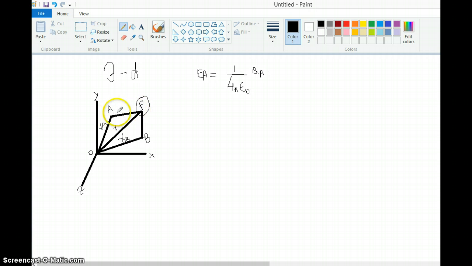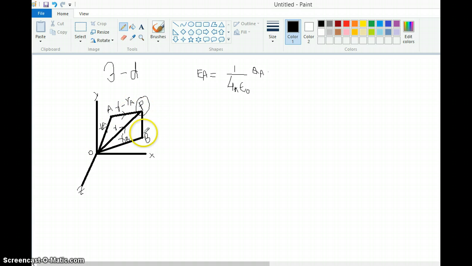If I apply the rule of vectors, then this vector AP is going to be R minus RA, since R is the bigger vector and RA is the smaller vector, and I'm going from O to P in this direction. So it's going to be R minus RA.